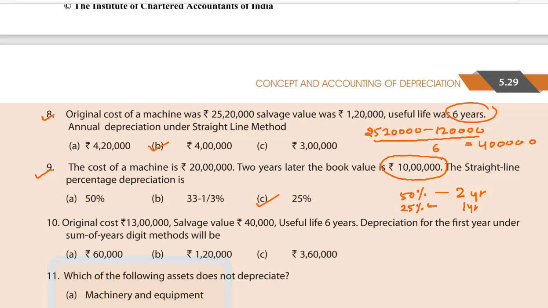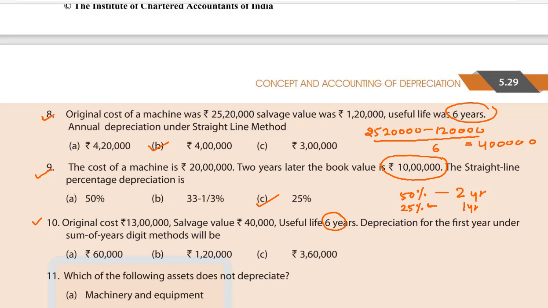Question 9C. Question 10. Original cost is 13 lakh. Salvage value is 40,000. Useful life is 6 years.